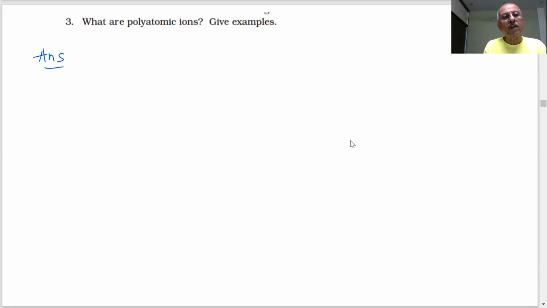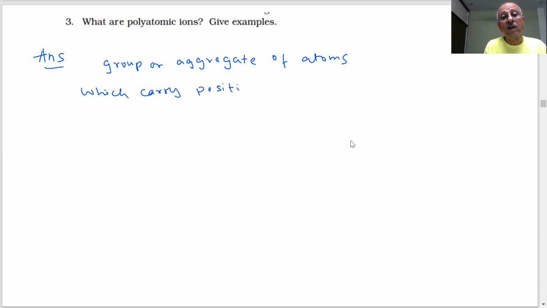So, a group or aggregate of atoms which carry positive or negative charge. They are called polyatomic ions.